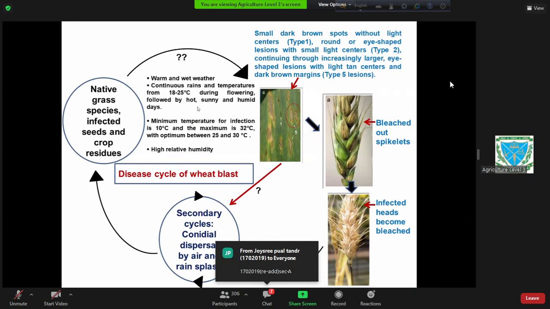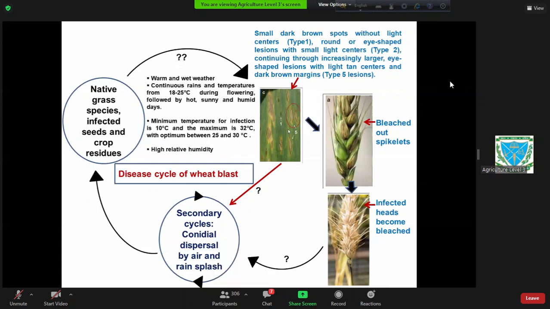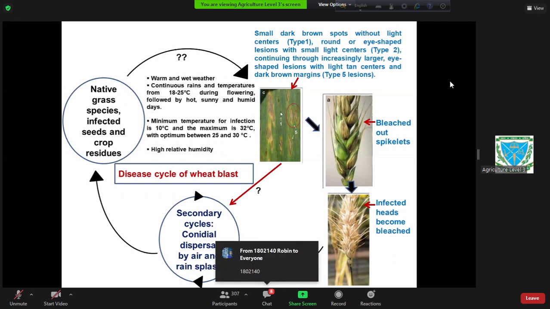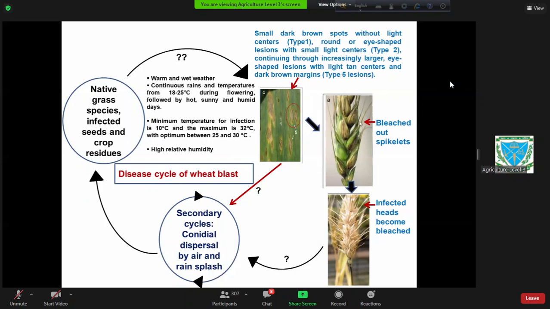Once the pathogen produces spores, they fall on the leaf surface, where they produce lesions, as I mentioned earlier, type 1, type 2, and type 5 in these drawings. And once the plant produces heads, I mean starts flowering, then what will happen?